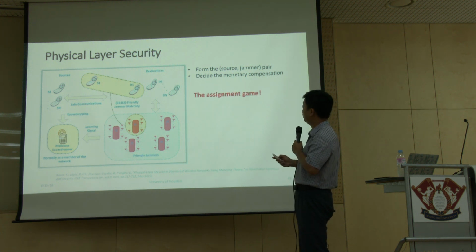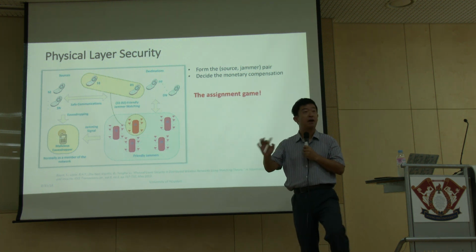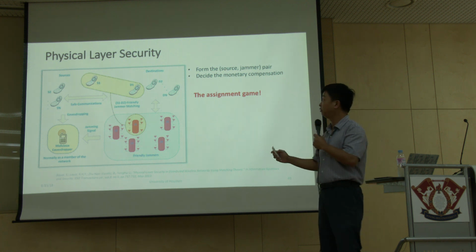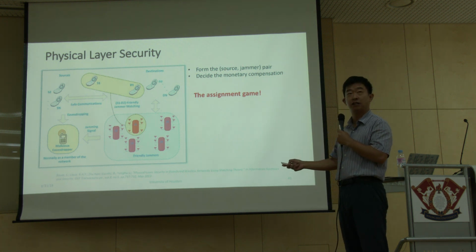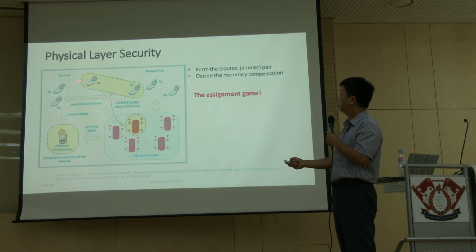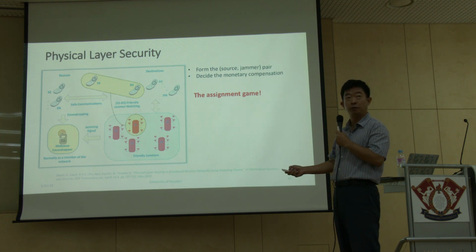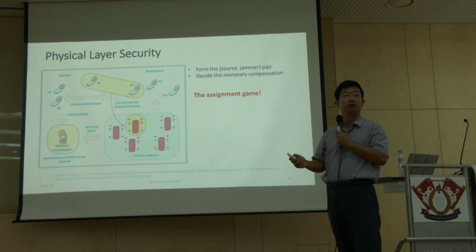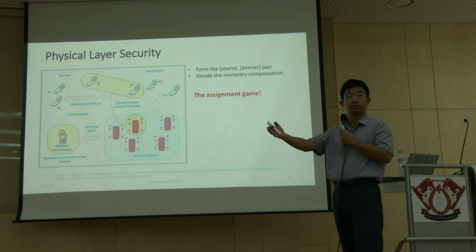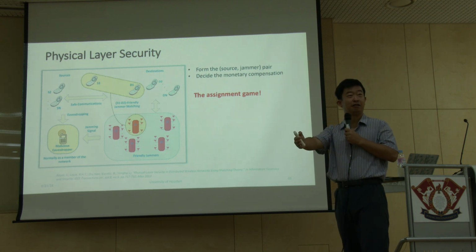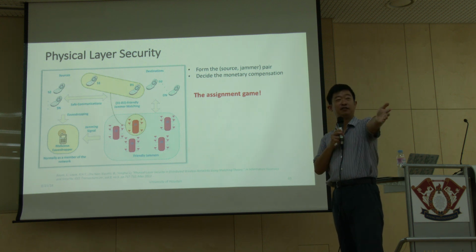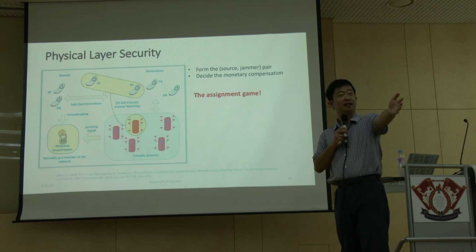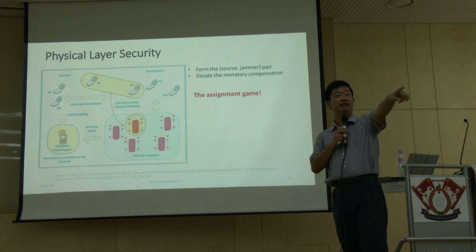And that is a one-pair case. Here, suppose we have multiple source-destination pairs, multiple eavesdroppers, and multiple jammers. So how could we match them? Who should I hire? For example, this is an eavesdropper, and I would hire the friend next to it.